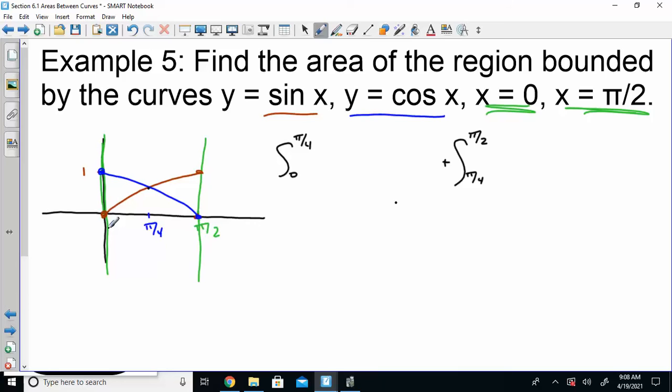Between 0 and pi over 4, which one was on top? Cosine. So we would do cosine x minus sine x dx. Between pi over 4 and pi over 2, which one's on top? Sine. So we'll do sine x minus cosine x.